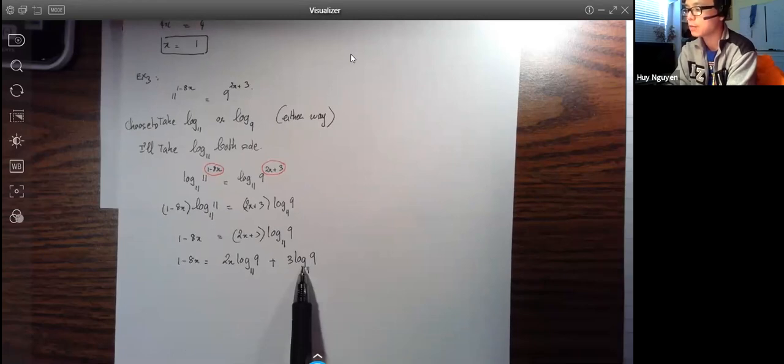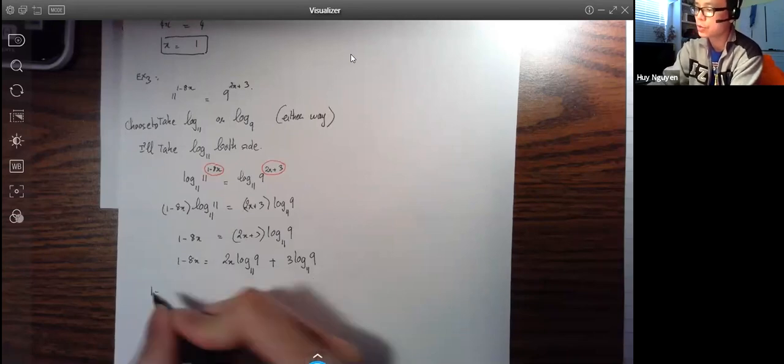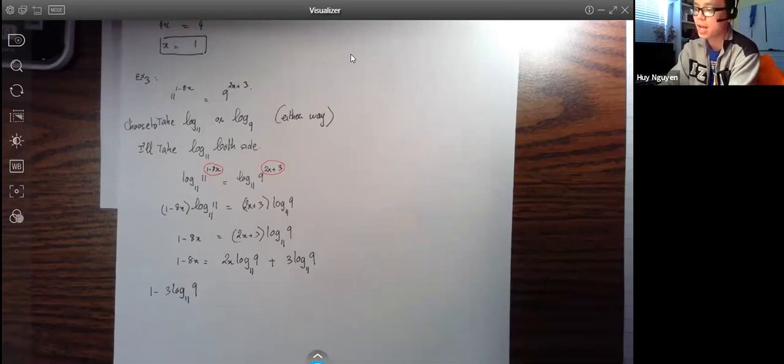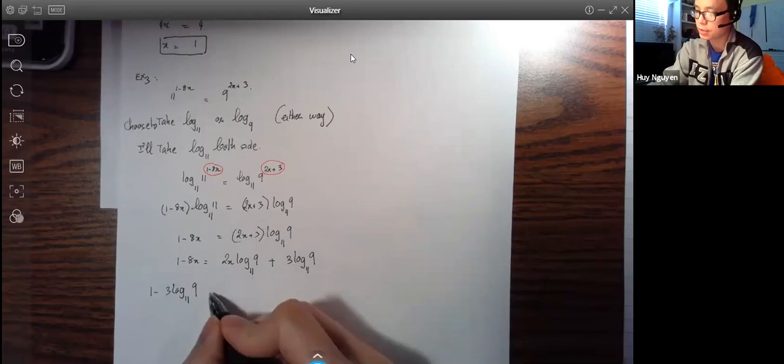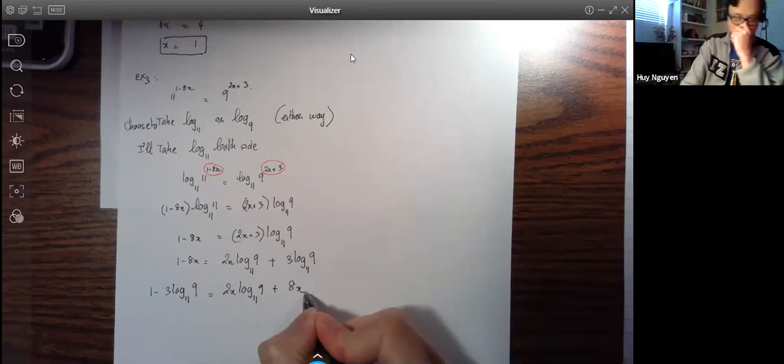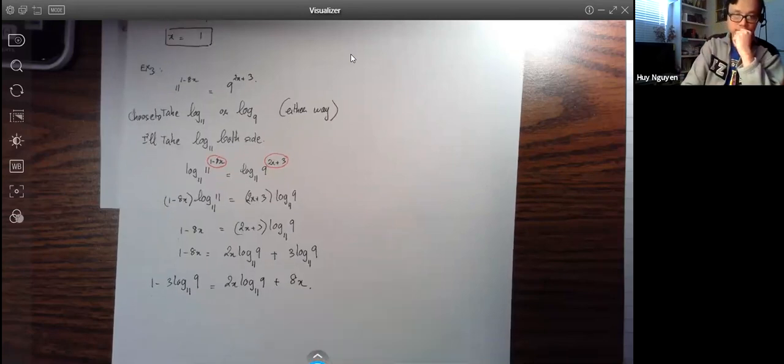So I subtract both sides by 3 log base 11 of 9, and I add both sides by 8x.